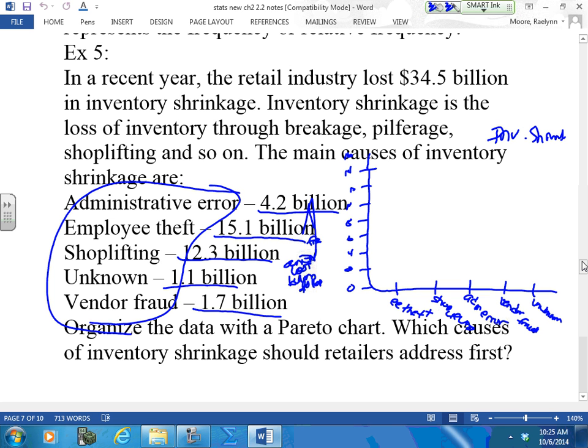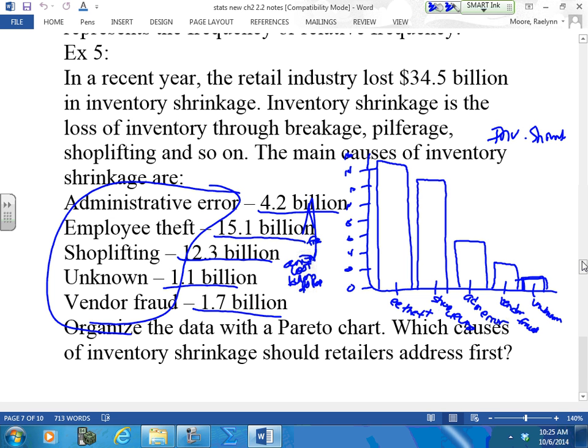Employee theft, 15.1. That was your big one. See that one stand out? Shoplifting, make a space. 12.3. Administrative error, 4.2. Which one are you going to address so far? The employee theft. Okay, you keep on going. 1.7, vendor fraud. And then this one, 1.1. So you get a chance to see this highest to lowest. And they kind of stand out that way.